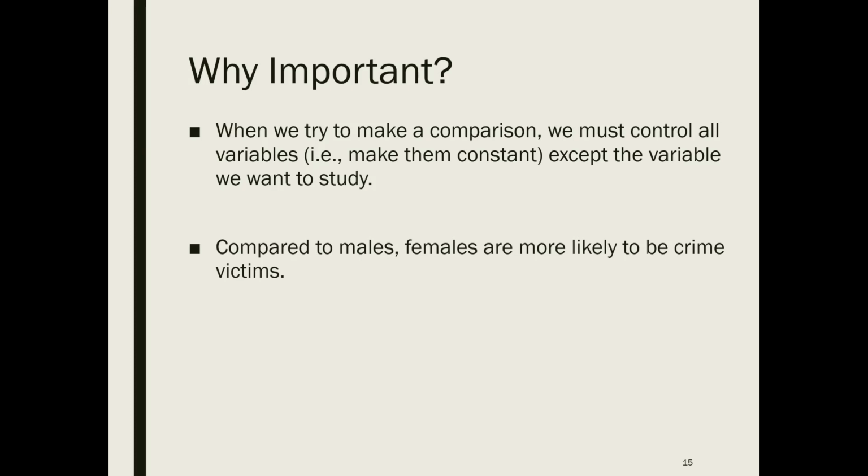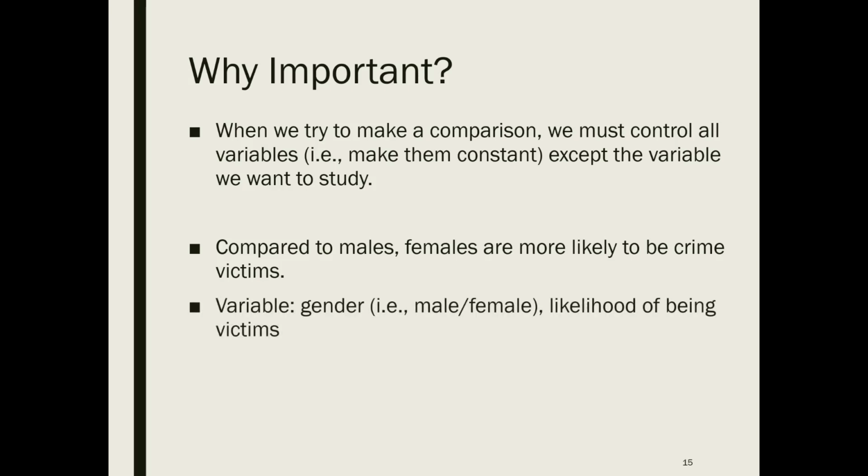So the example here is: compared to males, females are more likely to be crime victims, right? So the variable will be gender, as here we can see the variable has male and female. And also the variable could be the likelihood of being victims, high likelihood, low likelihood, right?